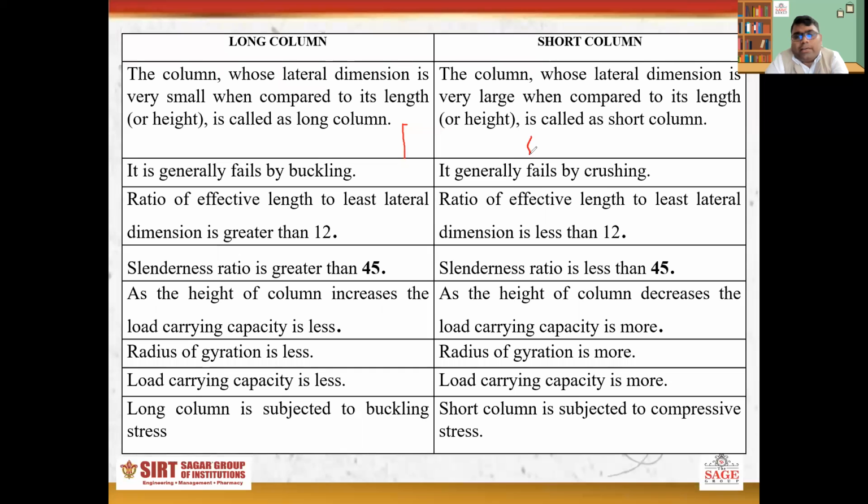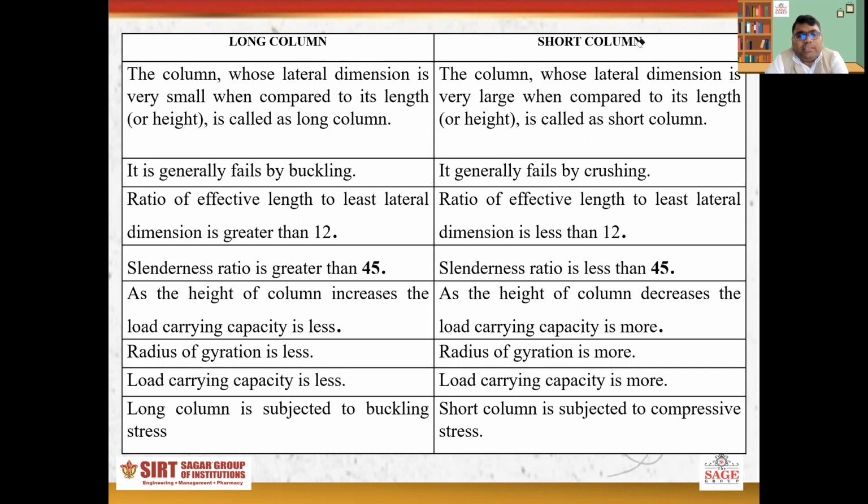Suppose some block kind of structure is there, and the dimensions are like this. If this type of structure is there, it is considered a short column, because the lateral dimension is larger than the height. So you can understand easily with this diagram.